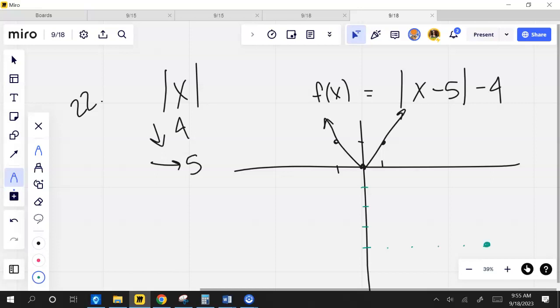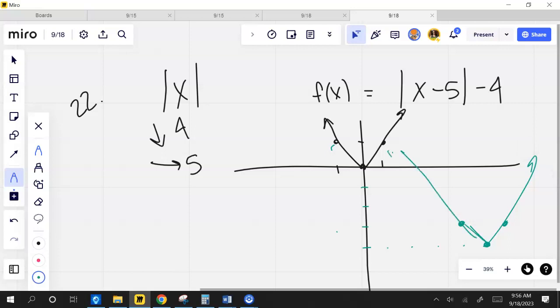There's my vertex. Down 4, right 5. This one should be a V because it's an absolute value.